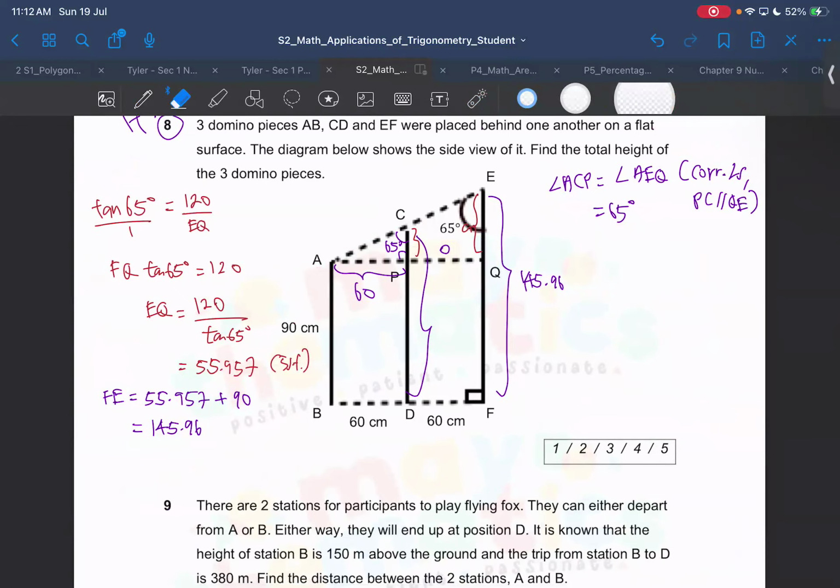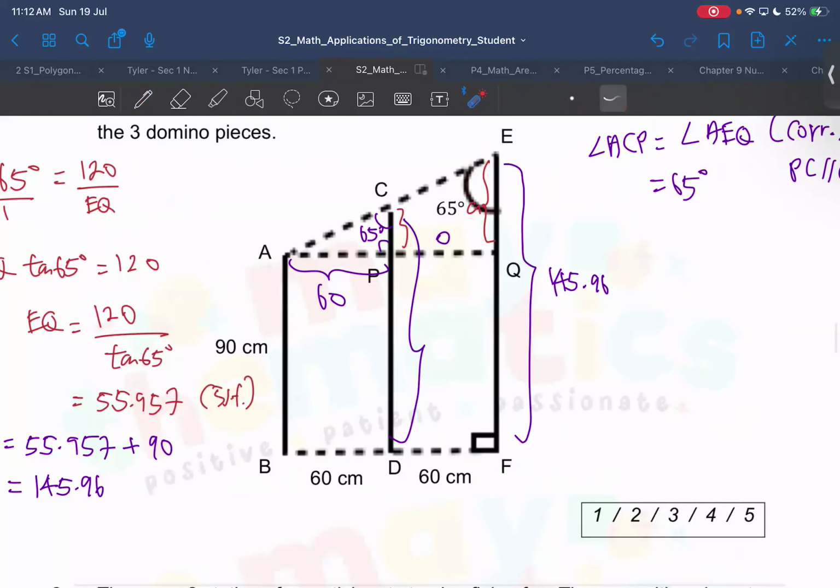What is CP? My angle is over here, so this will be my O, then this one will be my A. So again, it's tangent. Tangent 65 degrees equals 60 over CP.